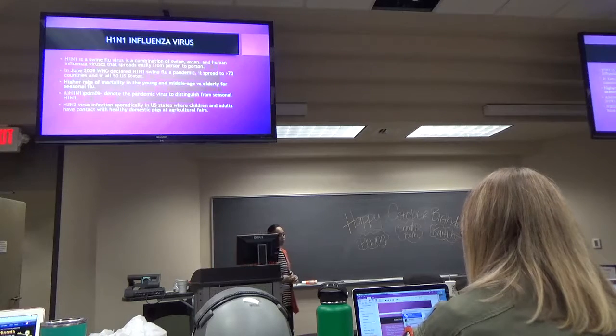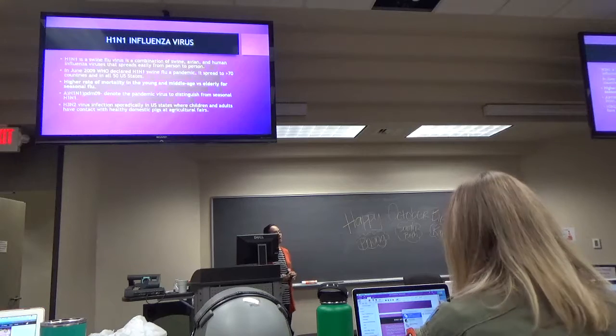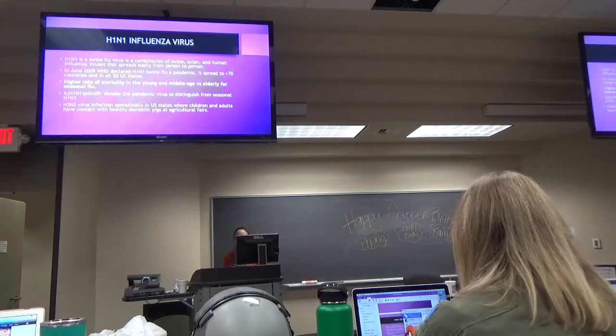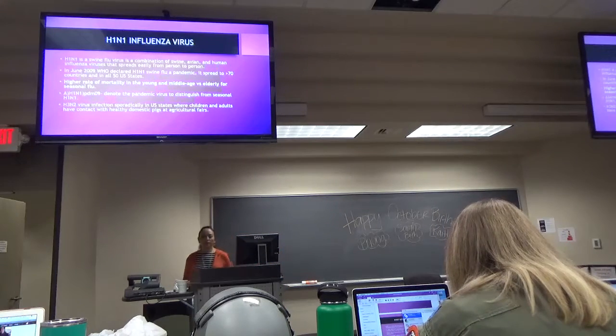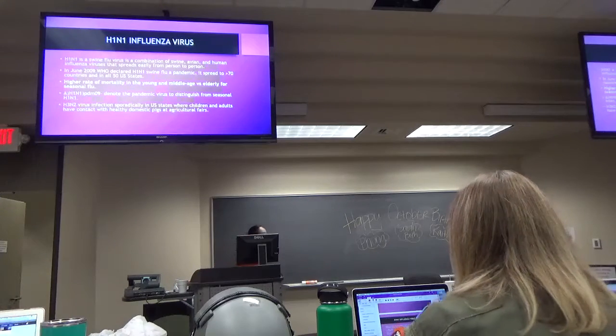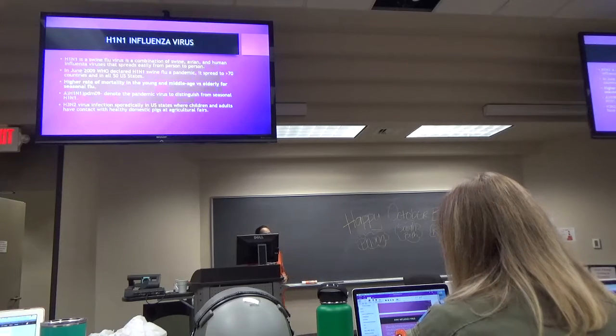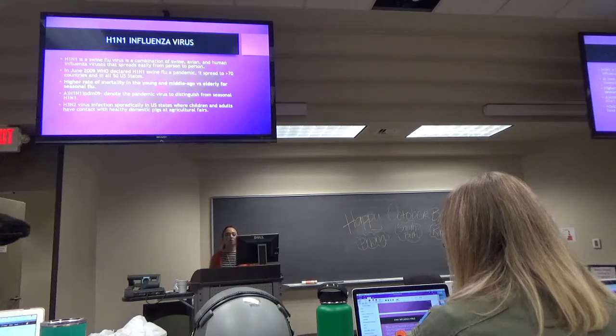Instead of the regular flu, these can affect younger and middle-aged people, whereas in the regular seasonal flu, morbidity and mortality are higher in older people. So younger, middle-aged people like you guys could get sicker with H1N1.